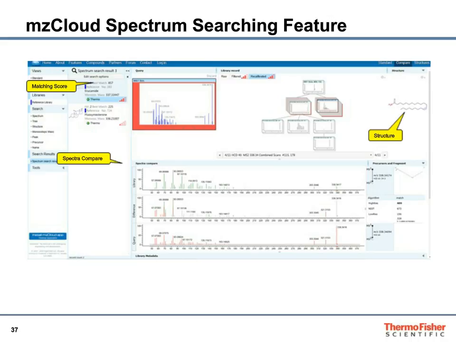All you need to do is copy your MS mass spectra, either MS2 or MS3, whatever, based on your experiment, and then just click go. If the compound is present in this database, mzCloud will show you the matching score on the upper left corner, and then show you the spectral comparison, and also give you the structure. So it's very handy.